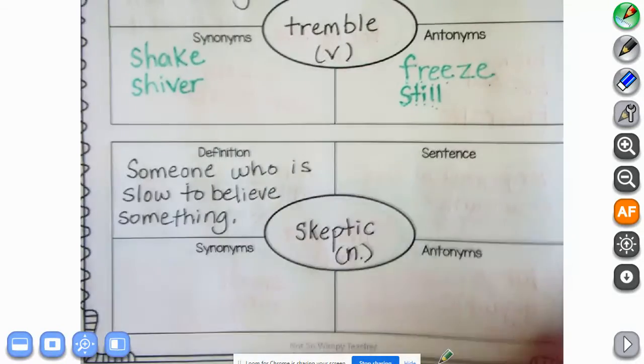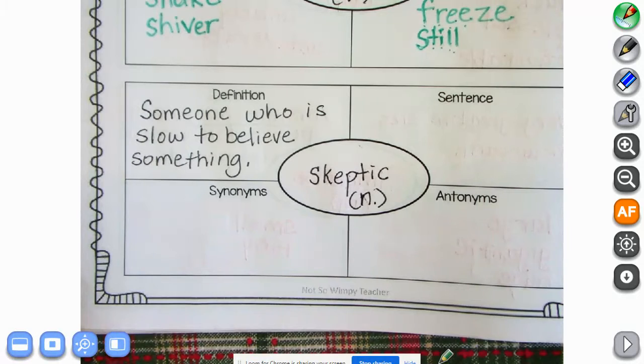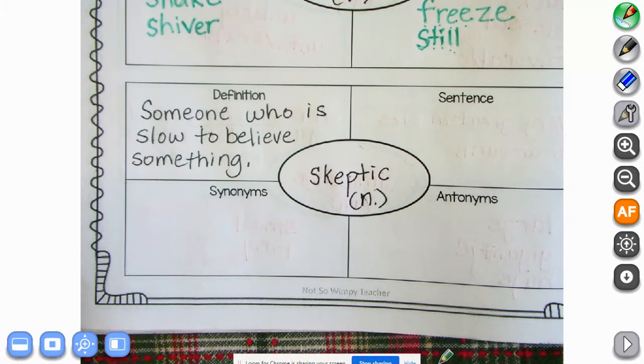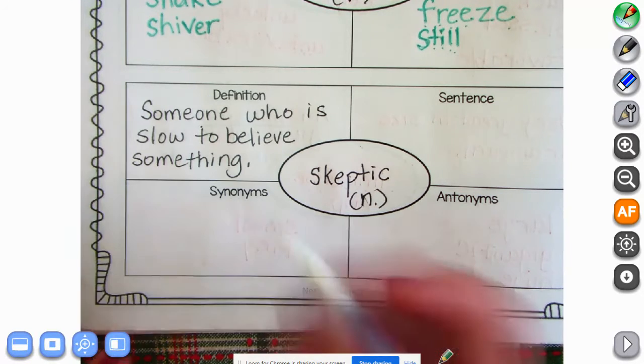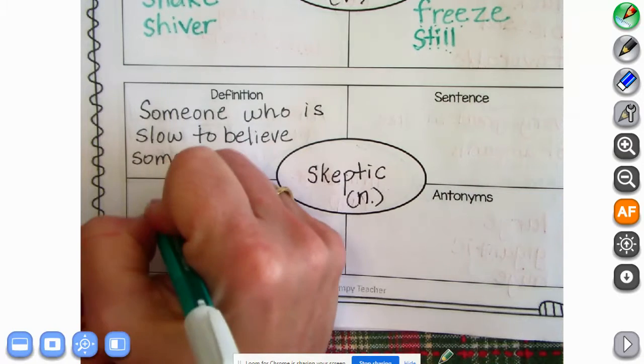We're going to go to the word skeptic. Skeptic. Someone who is slow to believe something is a skeptic. That's a noun. So if you don't believe, you're an unbeliever.